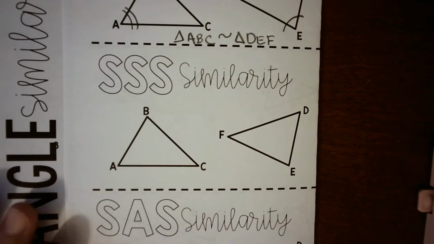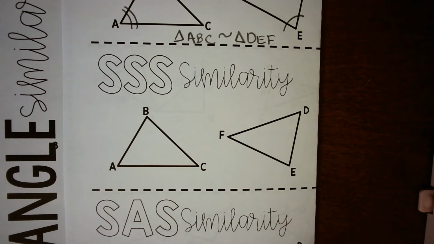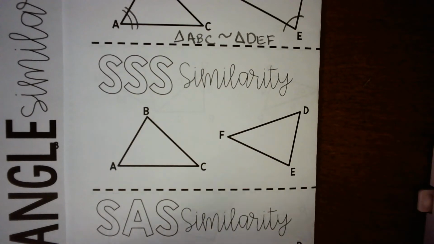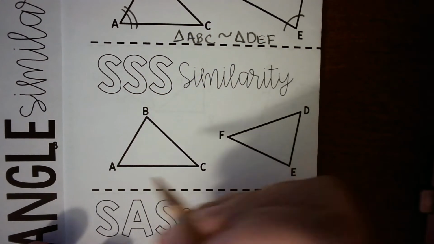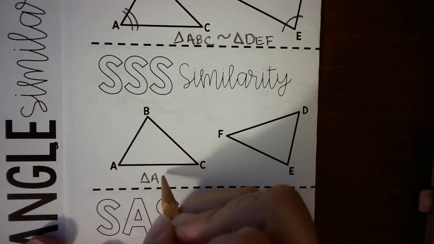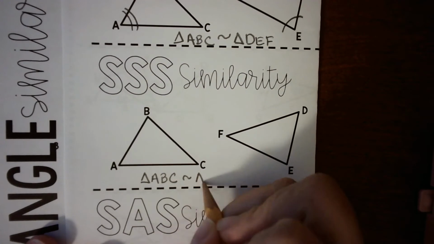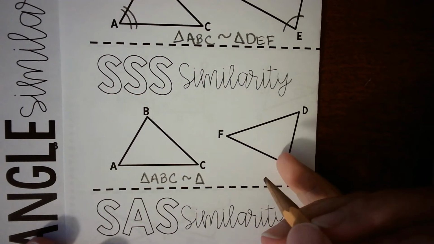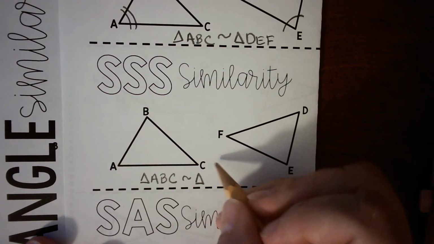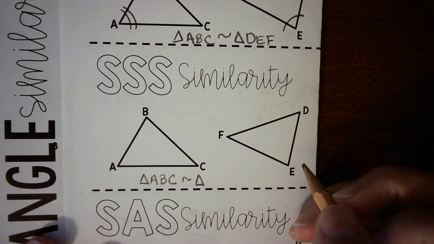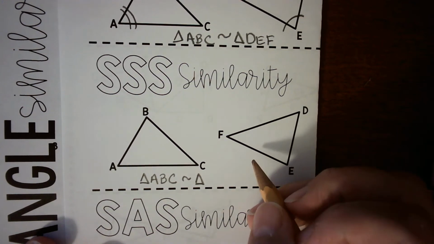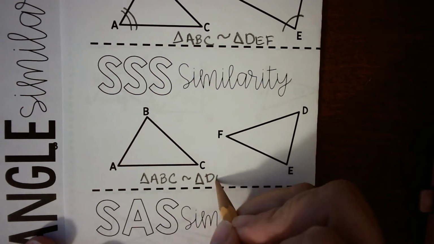The other way that we know that two triangles can be similar is by side, side, side. This time, the sides are not going to be equal to each other. They're proportional. So I'm going to write the similarity statement first. So the triangle ABC, and I'm going to say that it's similar to the triangle DEF.